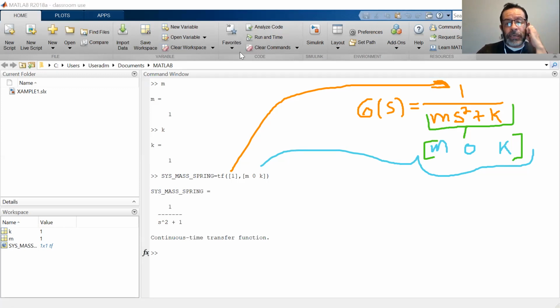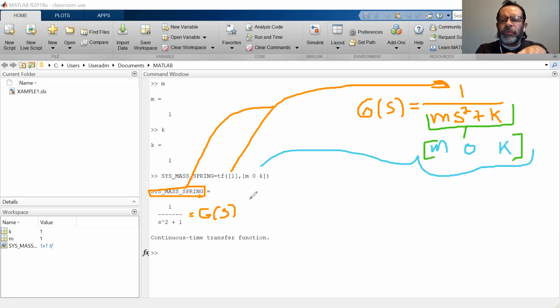We have created a variable in MATLAB, or an object rather. We've created an object, which is our mass spring system. This is basically G of S. And we've created an object in MATLAB that helps us represent that. Okay.